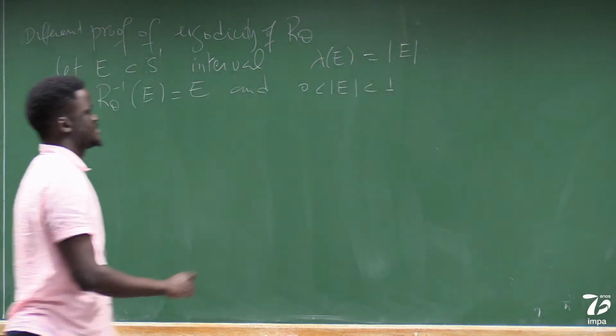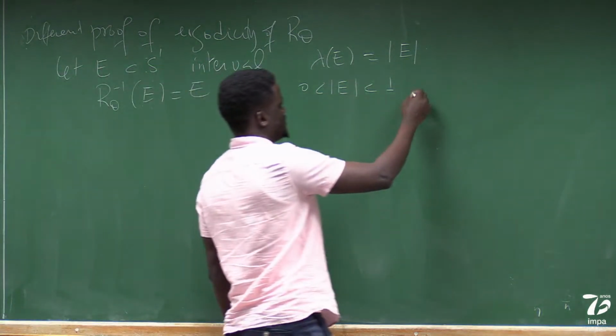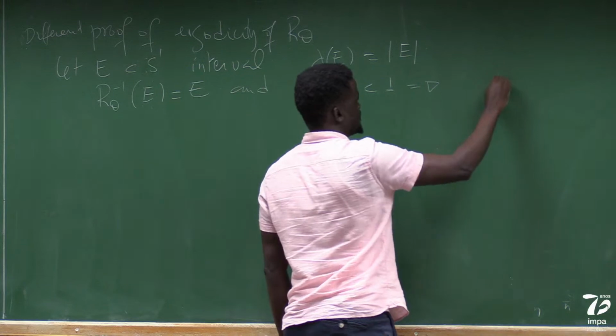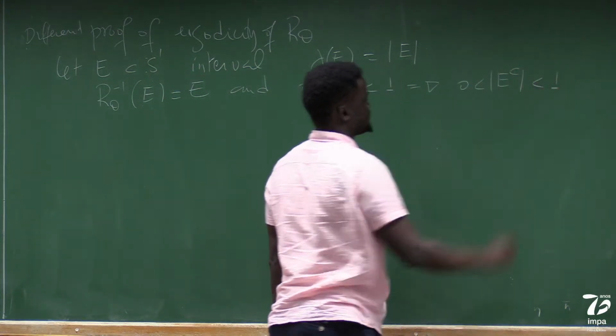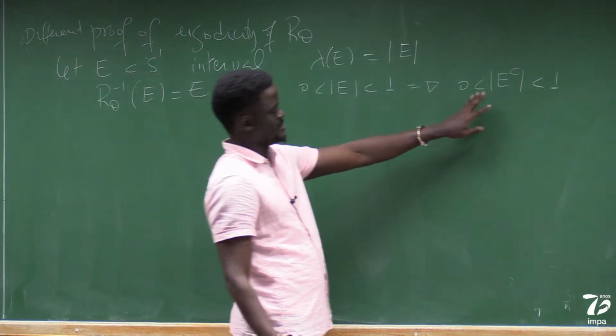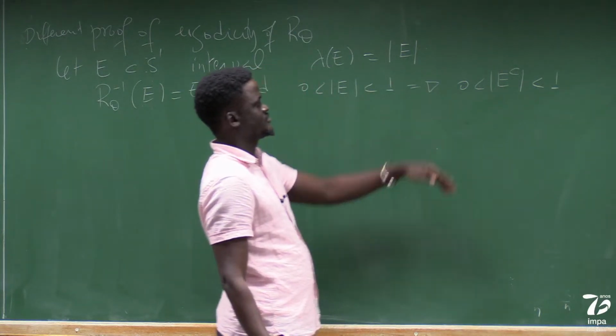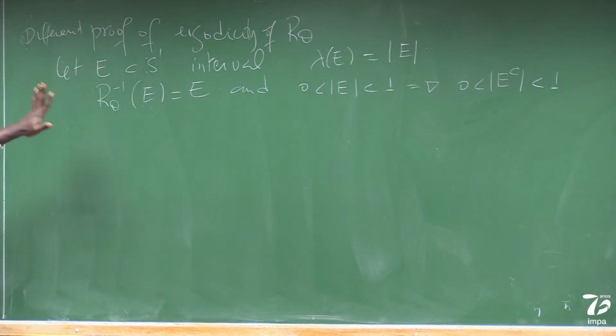Let's suppose that this is in (0, 1), strictly. So this also will imply that the complement of E has measure in (0, 1), okay? The complement is an interval. It can be a union of two intervals, or yeah, it's also an interval. I'm on S1. I'm not on [0, 1]. I'm compact here, okay?